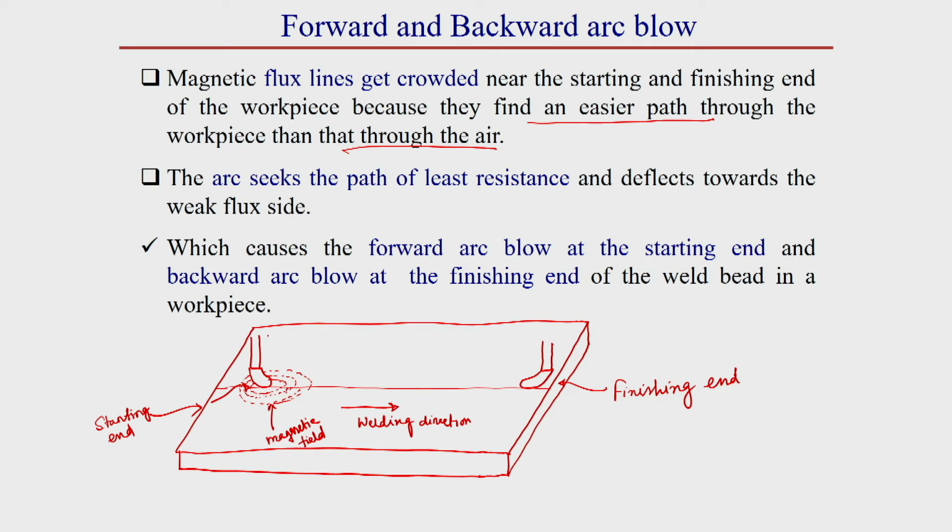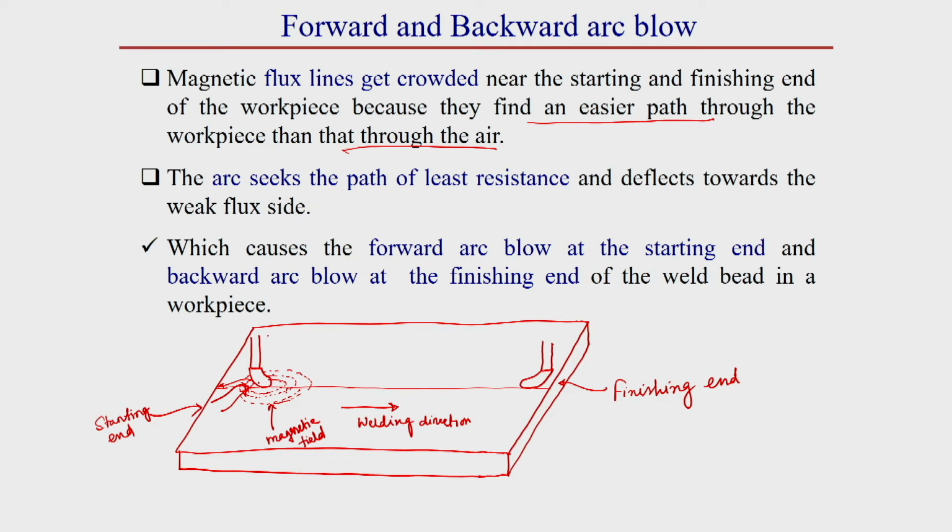So, here at the starting end, that means near this position, actually this arc should be near here. Generally here the concentration of the magnetic field lines is more, because the magnetic flux lines, instead of passing through the air, try to pass through the workpiece. That is why crowding of magnetic field lines is more here than on the other side.